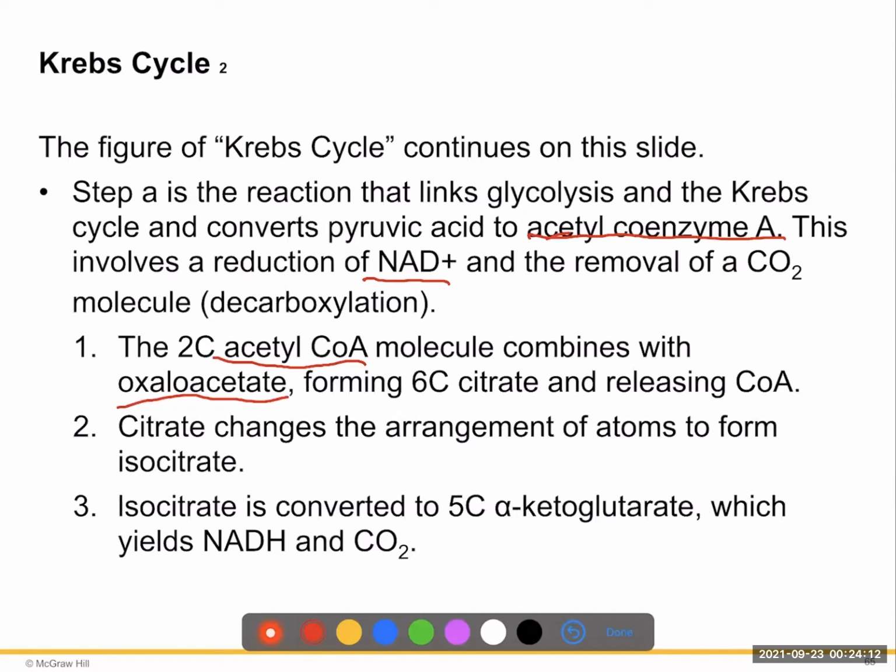And then it releases the coenzyme A so you can use it again. Again, you're regenerating everything so you can restart this cycle. You're not using it up. Citrate changes arrangement to form isocitrate. Isocitrate is converted to 5-carbon alpha ketoglutarate, which yields NADH again.